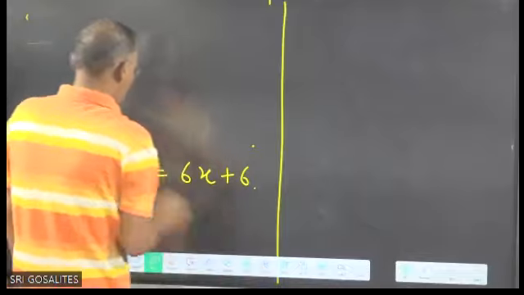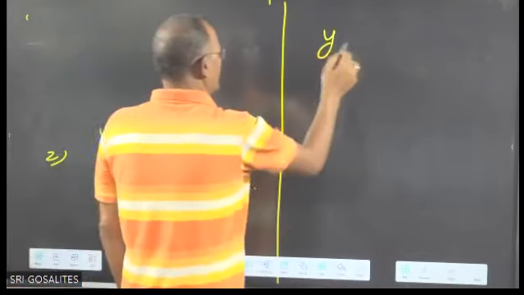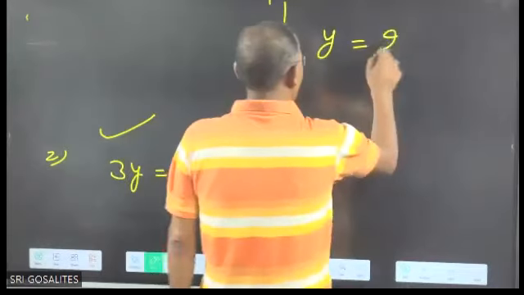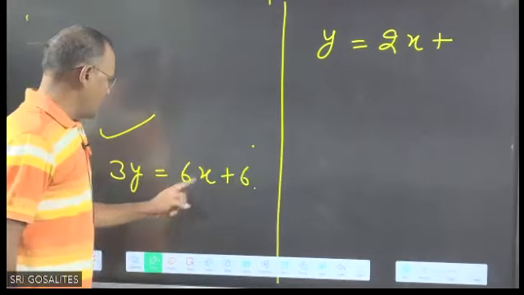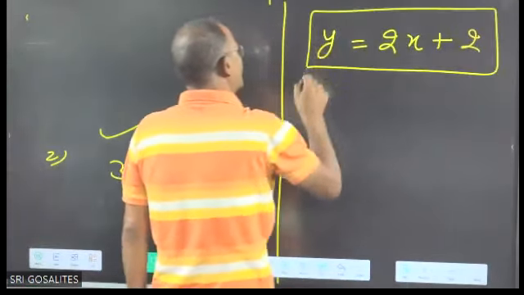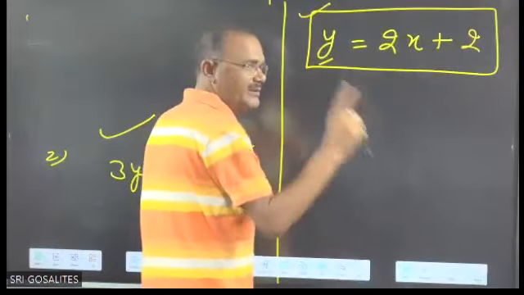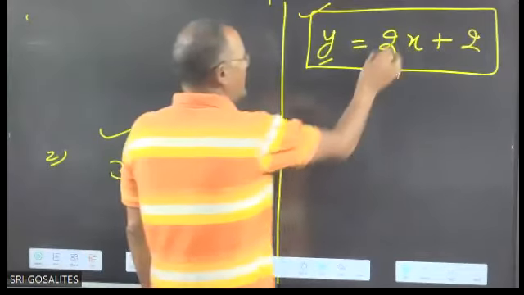Here 3y is 6x plus 6. What does it mean, bacho? Y will be 2x, because I am dividing by 3: 3 twos are 6, 3 twos are 6, plus 2. Now convert to the standard form. It's converted because y is in order 1. There is no coefficient at all; only a single y was required. m is how much? 2.